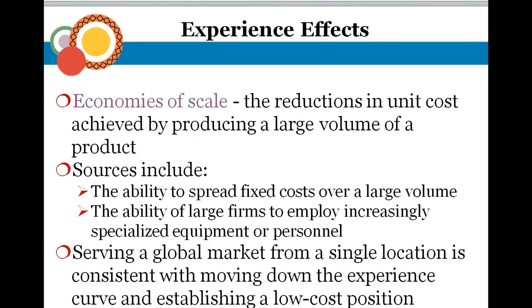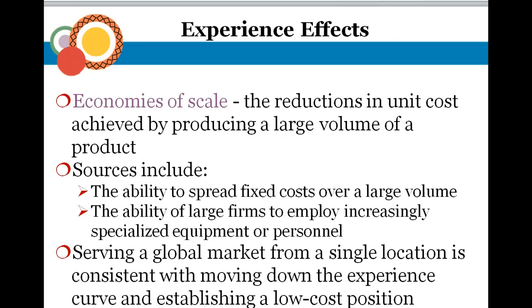Economies of scale. This is a common concept where basically the larger your production, the better ability you have to spread the fixed costs of the building or the factory over many of the products.